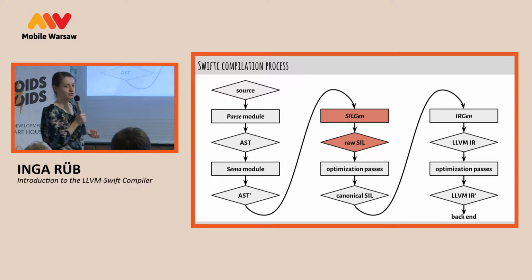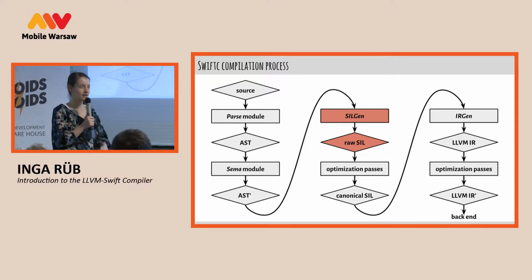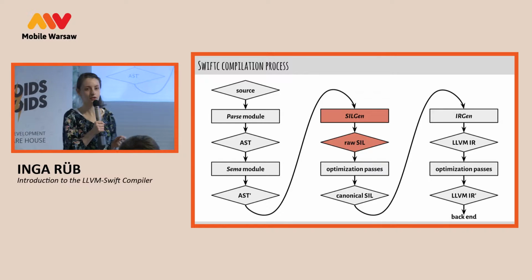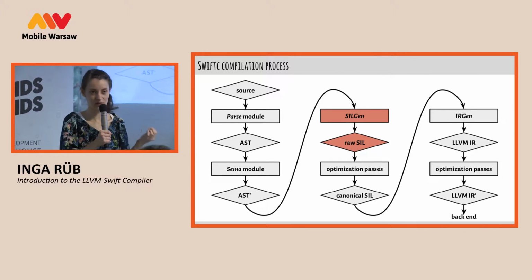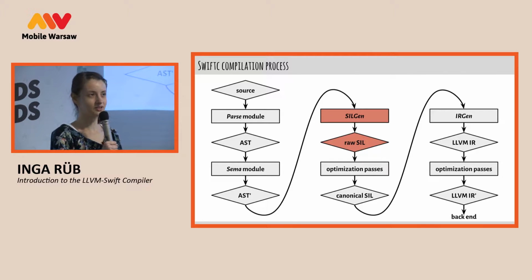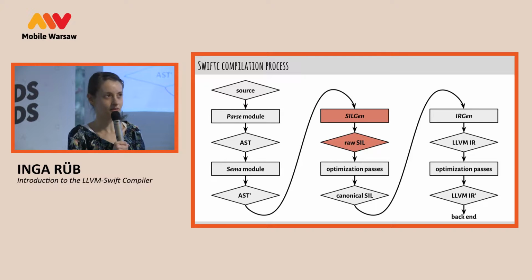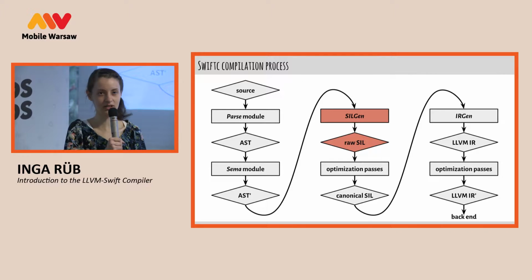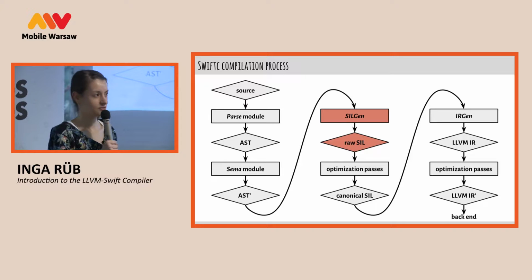It was necessary to introduce another layer of abstraction, something in between, something that is a little bit lower level than Swift itself, but still contains high-level information, so that the optimizer can understand that, hey, here we have a dictionary, we have an array, and we can optimize these high-level abstractions.